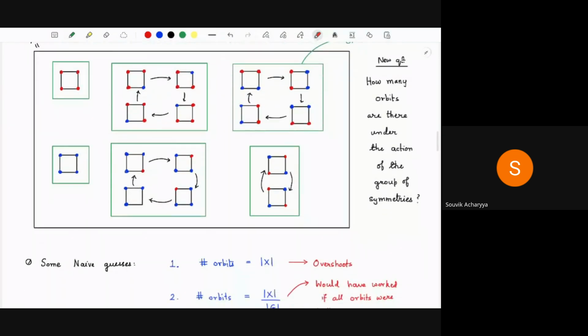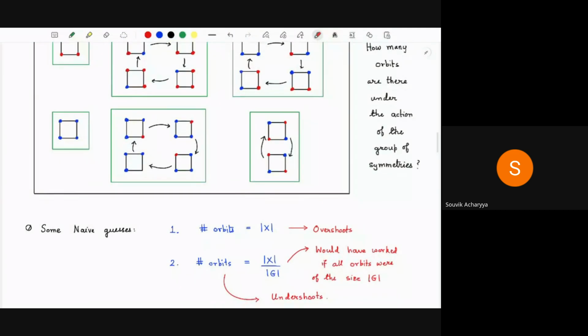Well, let's look at some naive guesses. You can just say, okay, the cardinality of X, the total number of figures, is the number of orbits. You will be overshooting because there are many figures which correspond to the same orbit. So in this case, this answer would be 16, but here it is 6. Or you can do another thing. You can say, all right, since there are up to 4 figures corresponding to the same object, I can divide by 4.